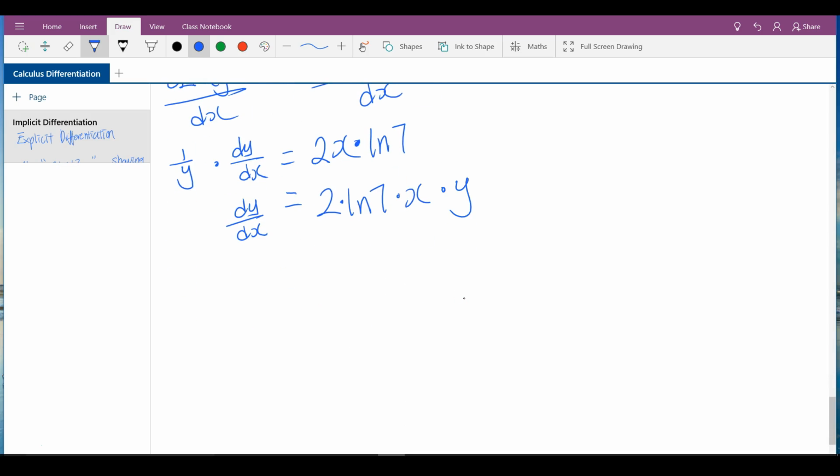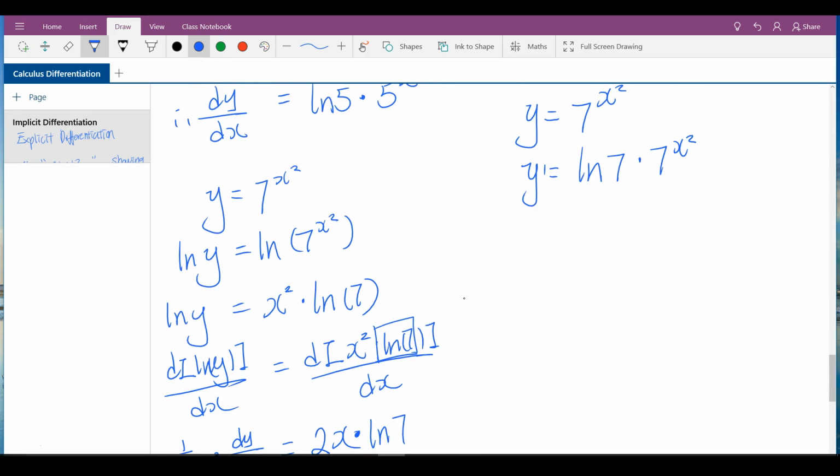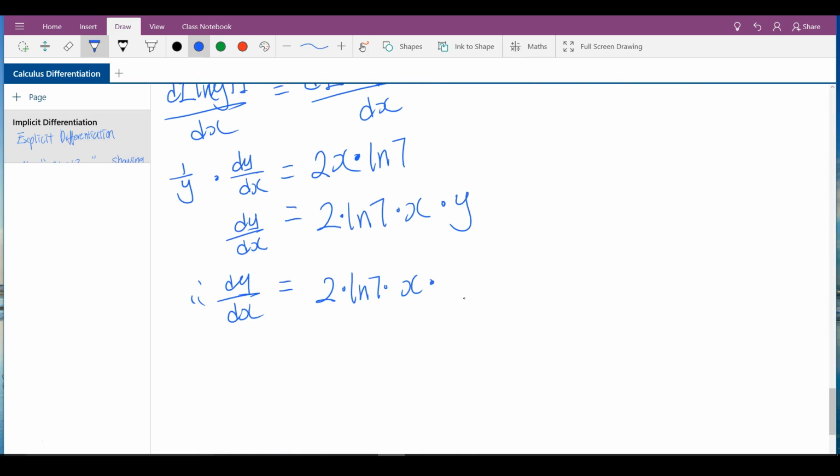Therefore the actual answer should be 2 multiplied by ln7 multiplied by x multiplied by whatever we started with, which is 7 to the power of x squared. Boom! There! That should be the answer.